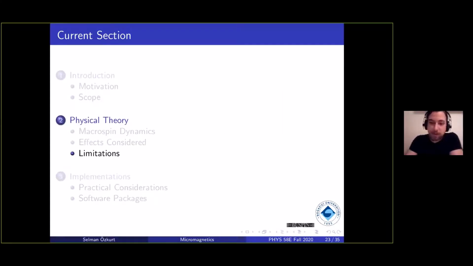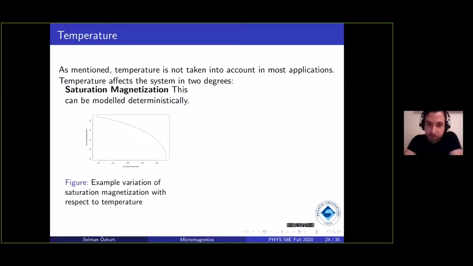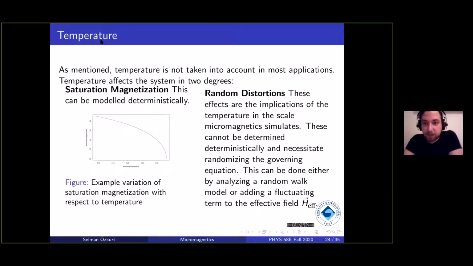Now, we come to the limitations of classical, or shall I say canonical, micromagnetic models. First of all, the temperature dependence is a limitation.